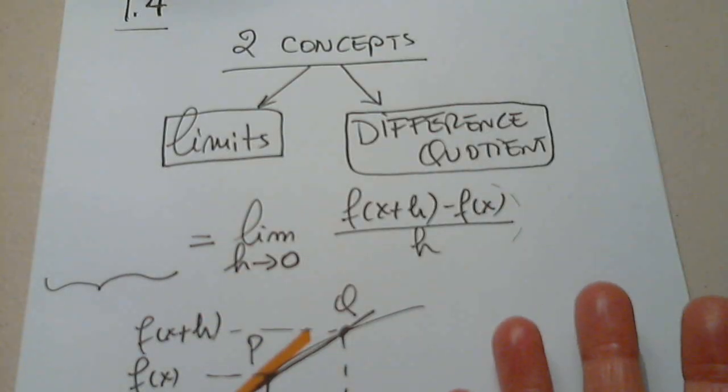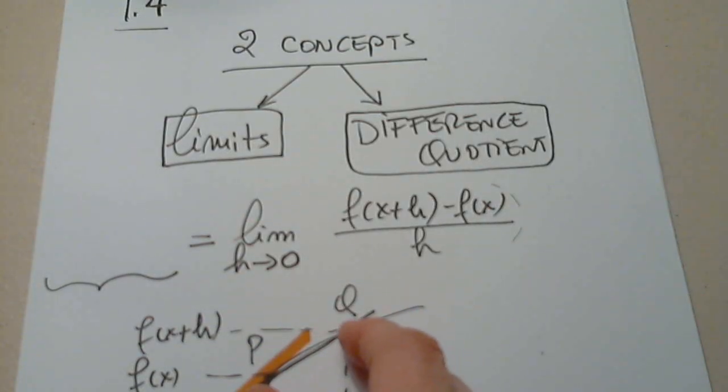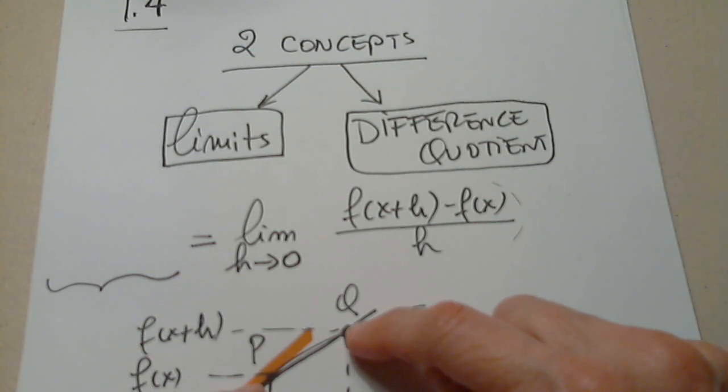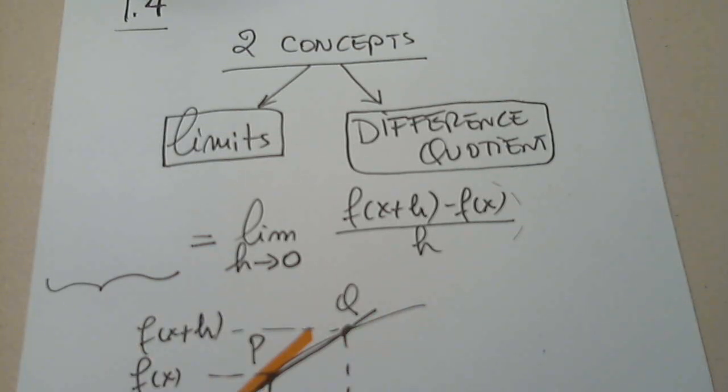So what's the difference? Well, if I'm driving from Baltimore to New York, and you're asking me what was my average speed, this is it, the slope of this line. But if you say, when you were passing by Wilmington, Delaware, what was your instantaneous speed, then I have to give you the slope of this line.